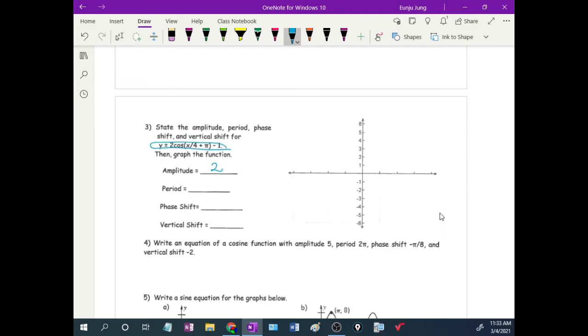So let me rewrite this here. Y equals 2 times cosine. Let me write x over 4, which means, can I write 1/4 x? 1/4 x plus pi minus 1, right? So I rewrite it, x over 4 means 1/4 of x.